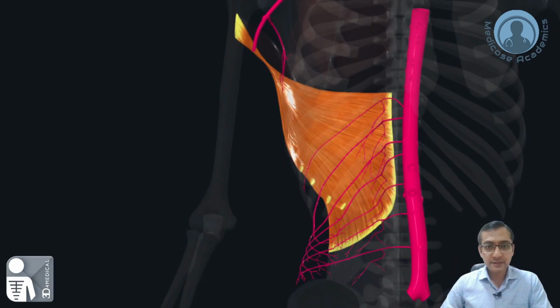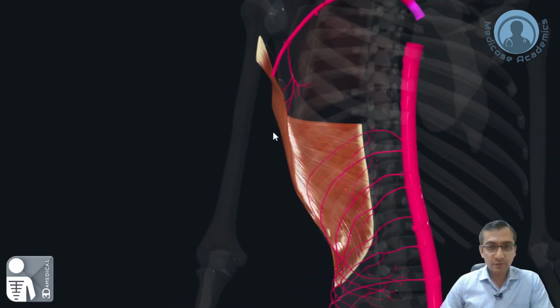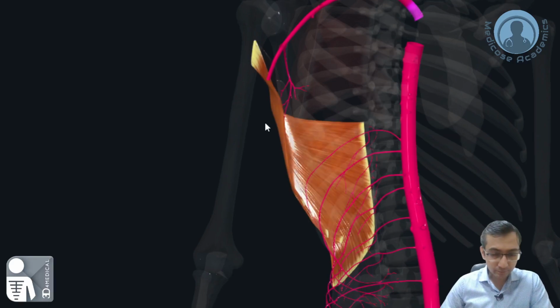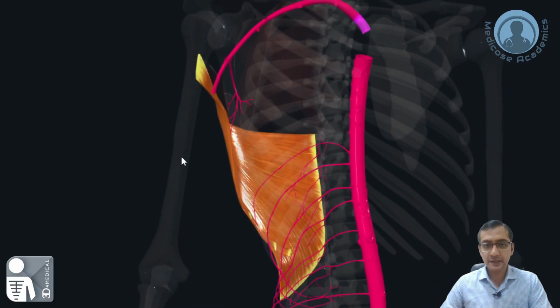As you can see, it has a supply from the branches that are supplying the posterior back, but the thoracodorsal artery is one of the major supplies of the latissimus dorsi. Thoracodorsal artery, it's the branch of subcostal artery, sorry, the branch of subscapular artery, the third last branch of axillary artery.